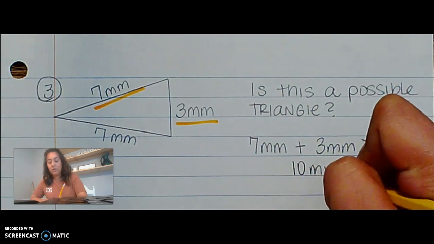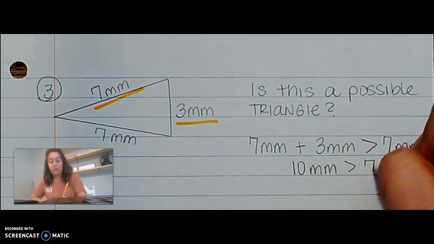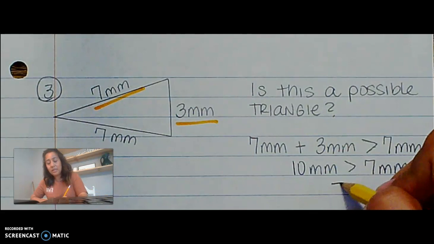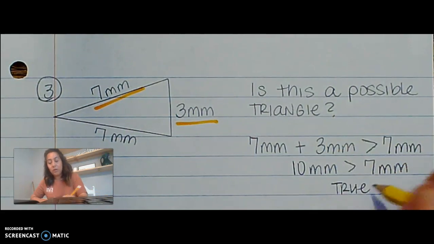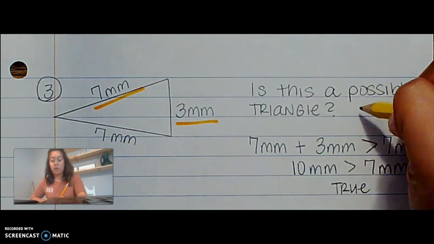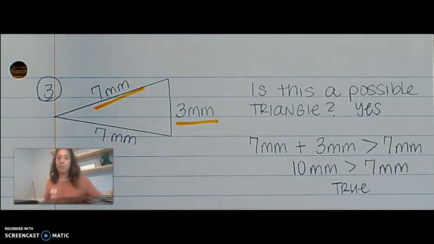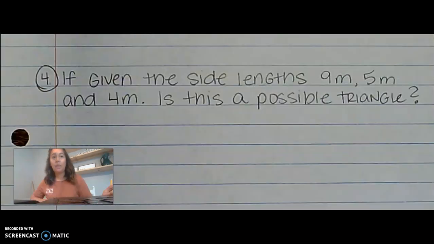We get 10 millimeters is greater than 7 millimeters. And again, ask yourself, is this statement true? Yes, this statement is true. And if it is true, therefore the triangle is possible. So yes, this triangle is possible. Okay, moving on to example number 4.